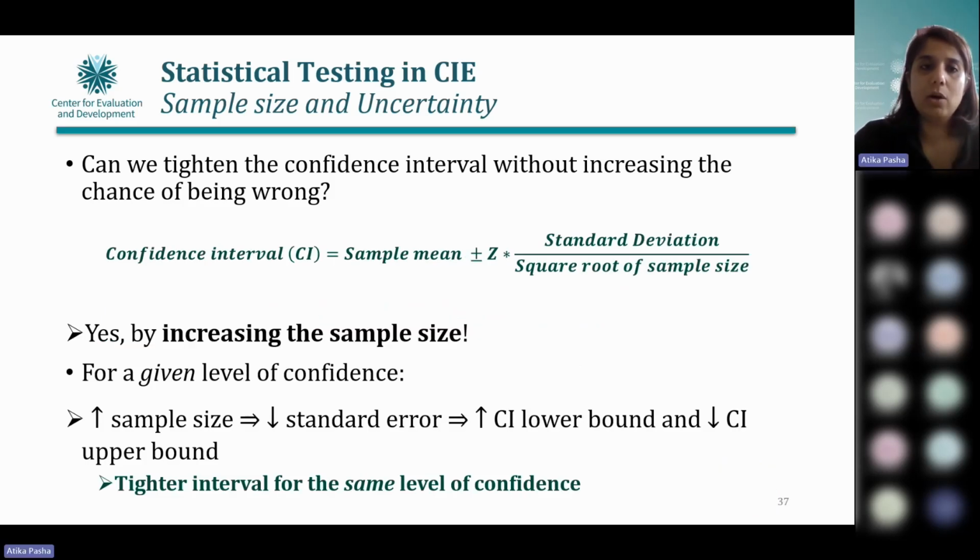So talking about the example, if we are increasing the sample size, and just looking at the basic maths, this would increase and this overall would decrease.